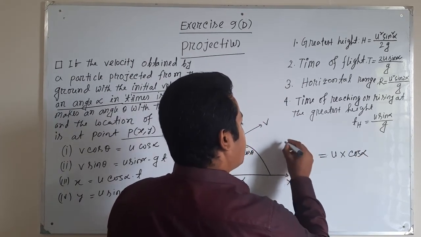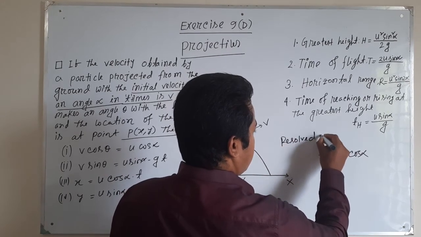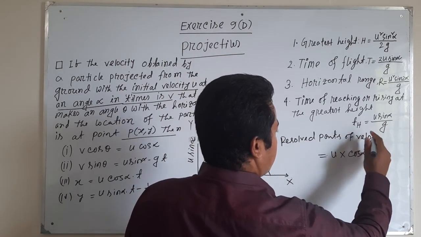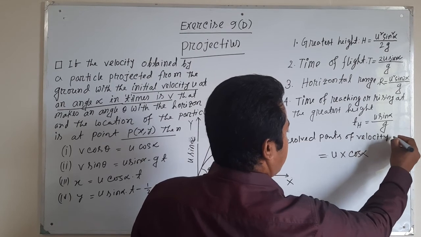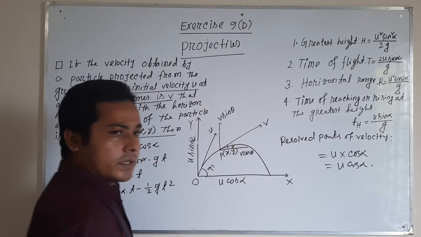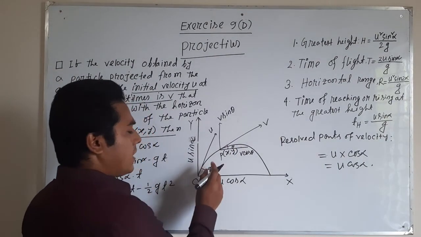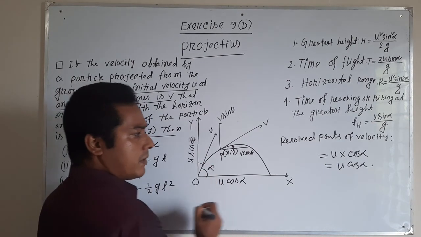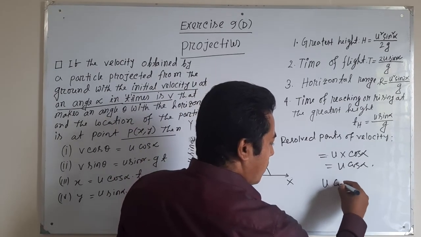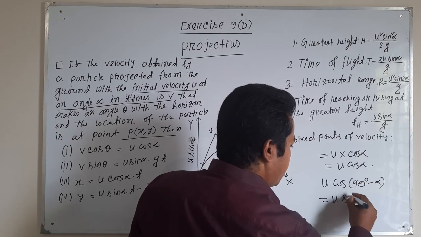So the resolved part of velocity along the horizontal line is u cos alpha. If you consider the vertical line, if this angle is alpha, then this angle is 90 degrees minus alpha. So along the vertical it will be u cos(90 degrees minus alpha), which is u sin alpha.